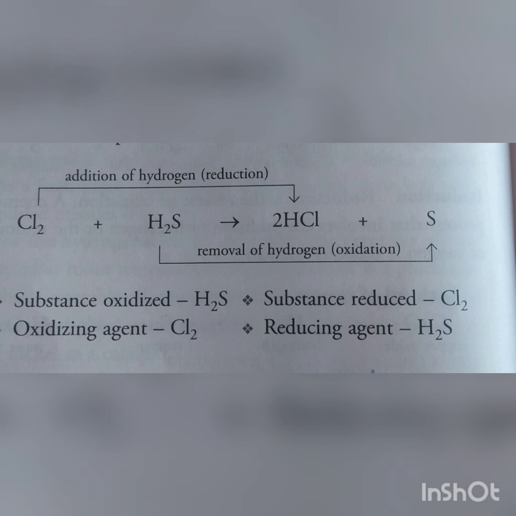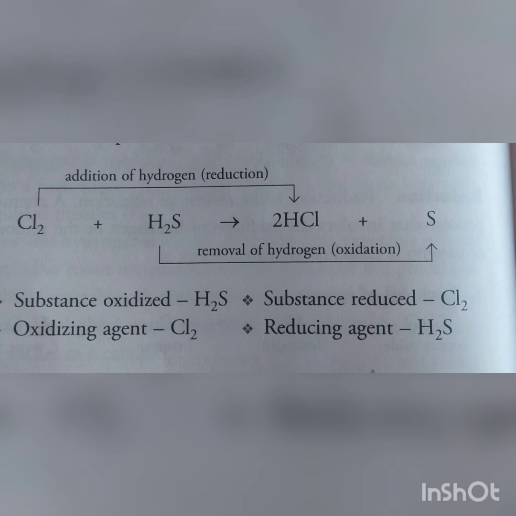Chlorine plus hydrogen sulfide gives out hydrogen chloride plus sulfur. Cl2 plus H2S gives out HCl plus S. Now see here, Cl2 is forming HCl. That means what is being added? Hydrogen is being added to chlorine. So addition of hydrogen leads to reduction.